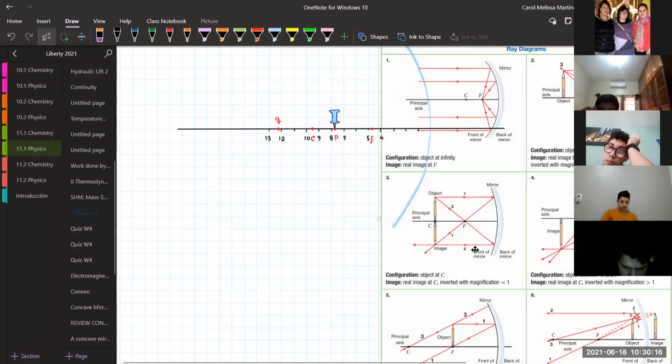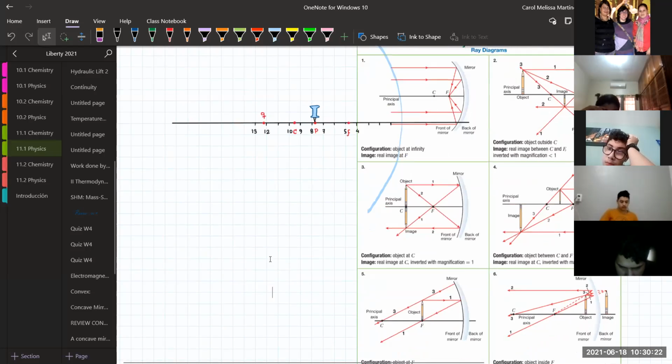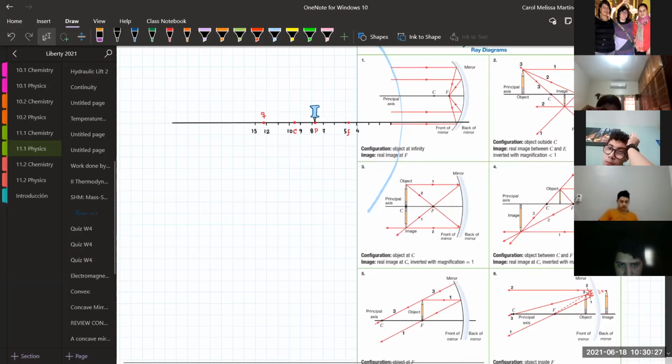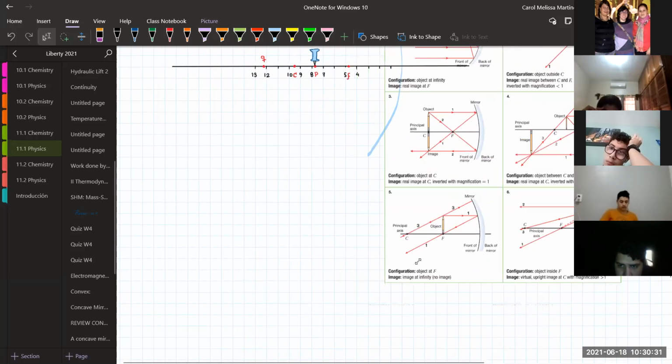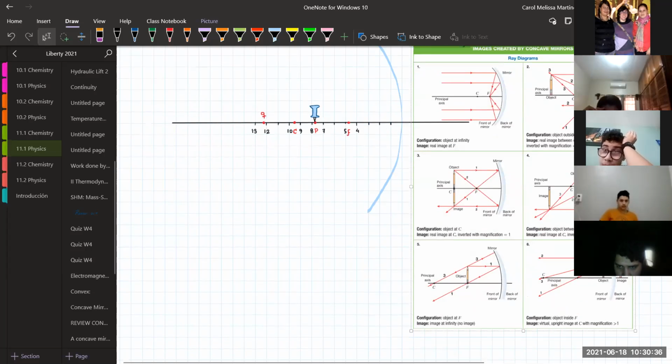Remember that for concave mirrors, this is the table that we need to use. Okay, let's see what configuration matches the ray diagram that we have.